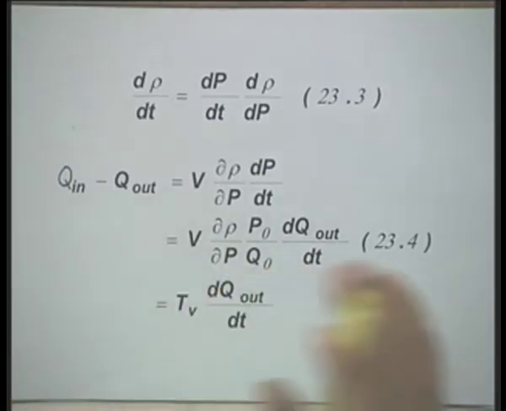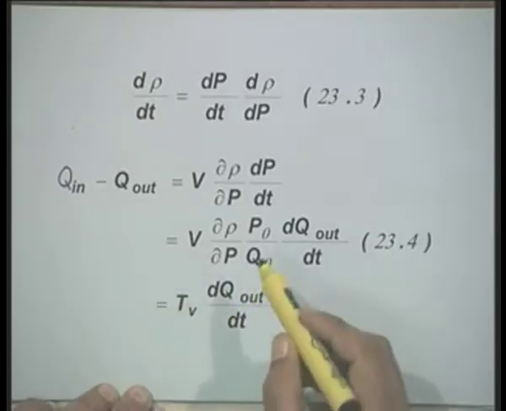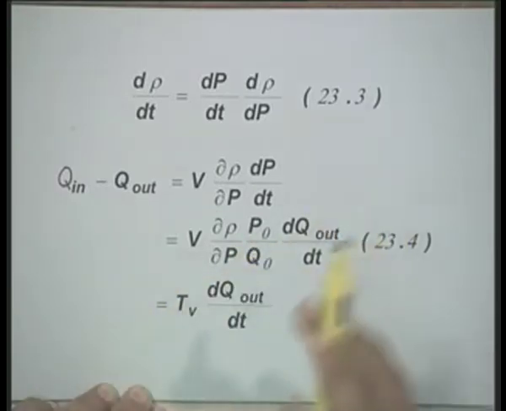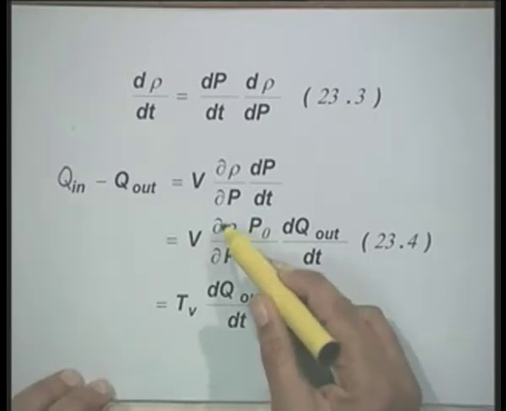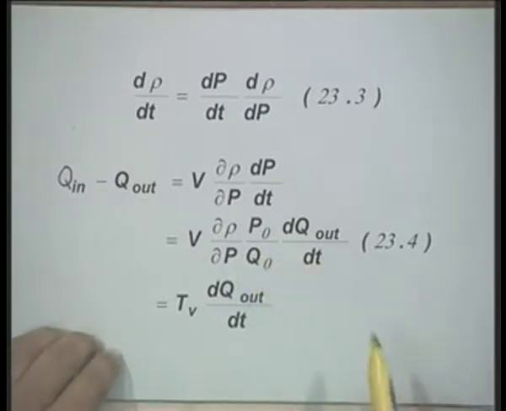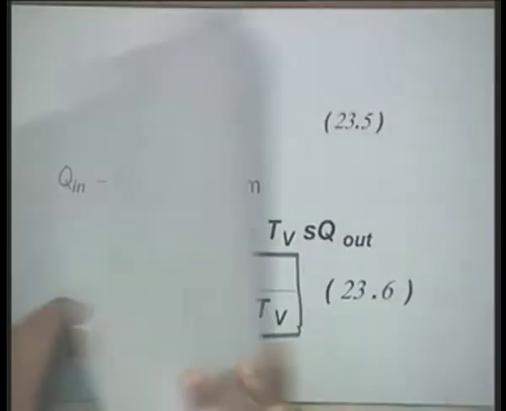Bigger the vessel, more will be the time constant. It will also depend upon these parameters: QO for a given value of PO, and this quantity, that is the property of the steam. Therefore, knowing these parameters, this TV can be computed.